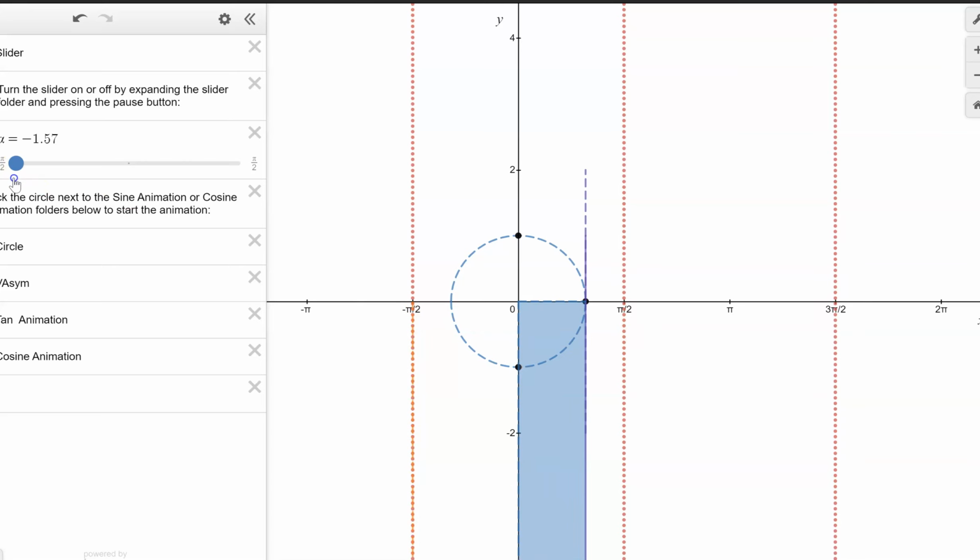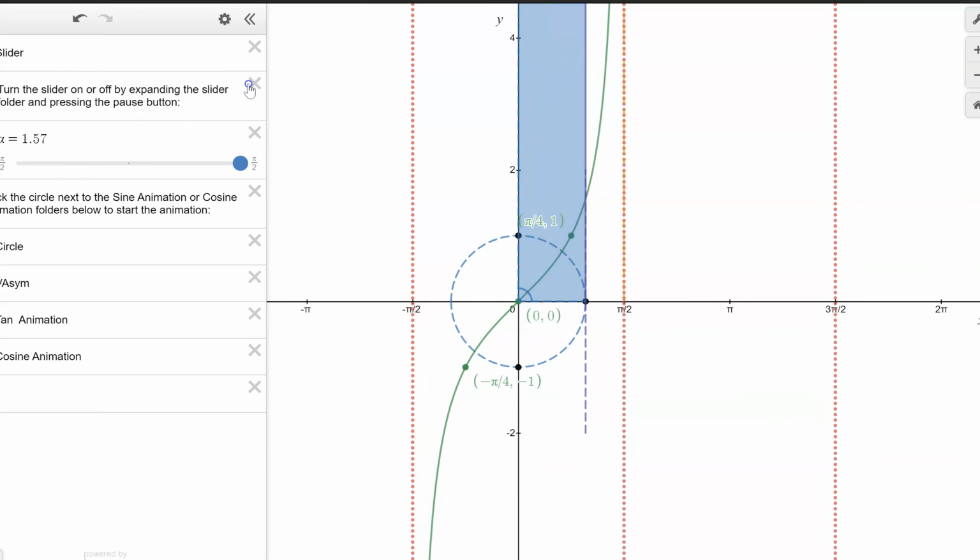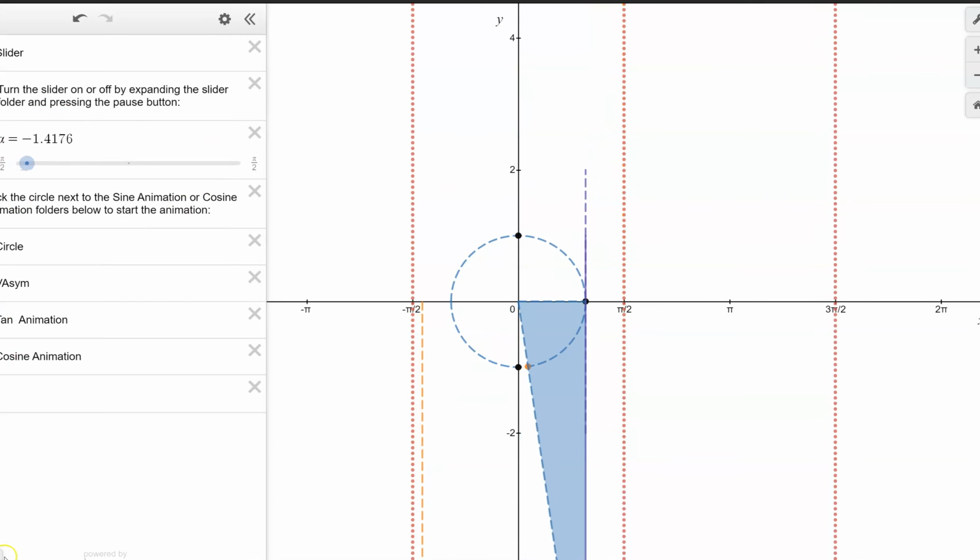It's going from negative infinity all the way up to positive infinity. The line I have drawn here is our tangent line, and it goes all the way up to positive infinity. So that is the graph of tangent, and then it just repeats over and over and over again, just like that.